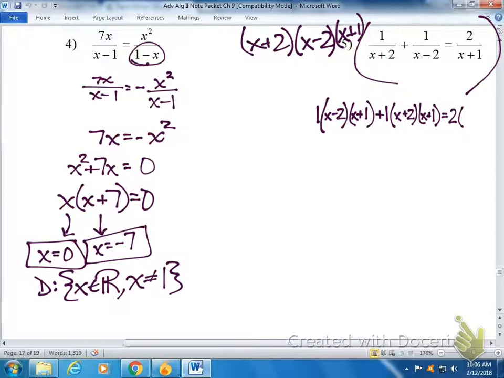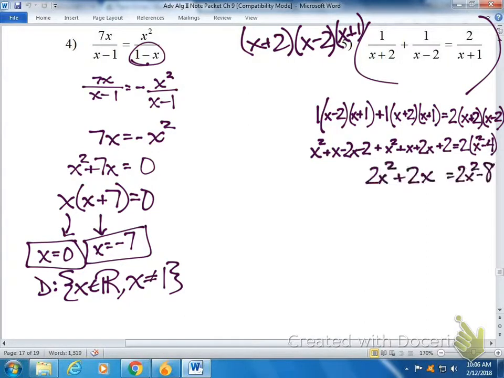So they're going to turn into the difference of squares, x squared minus 4. Because it's notes, I'll write it all out. So let's check our answers with mine.